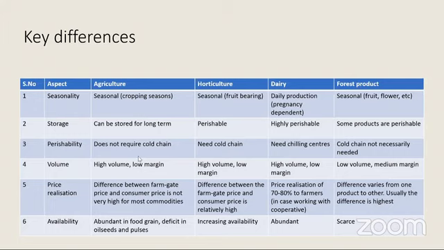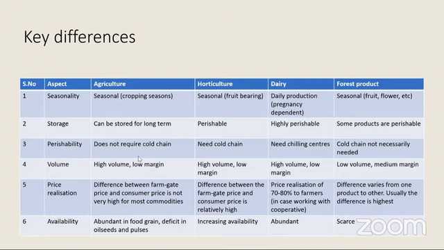Now all these factors, price realization, volume, perishability, depend on the availability. Agriculture is abundant, horticulture also has an increase in area, so availability is increasing. The cost of production is much higher in horticulture, and the yield is high, but still it is an expensive intervention.